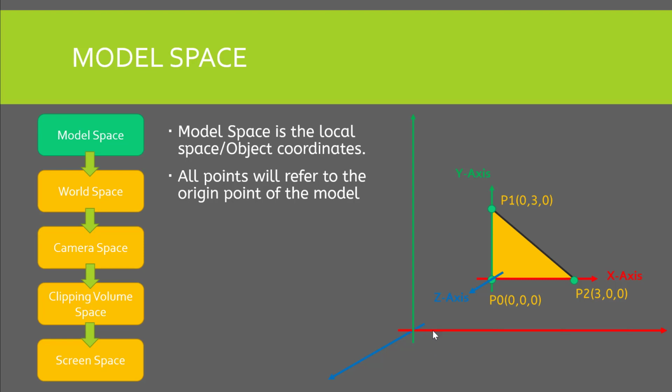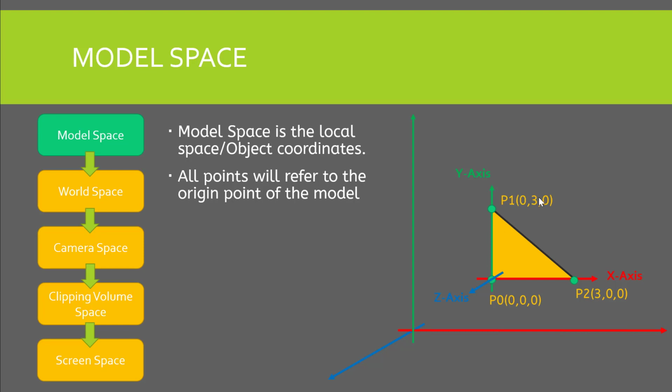It is moving like 3 units on the x-axis and 2 on the y-axis, and 0 on the z-axis. Now, once we assign the point 0, 0, 0, it will not go to the game space. It will be at the origin point of the object, which is the transform of the object.